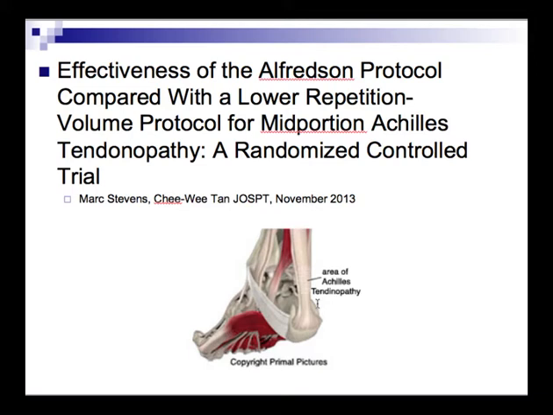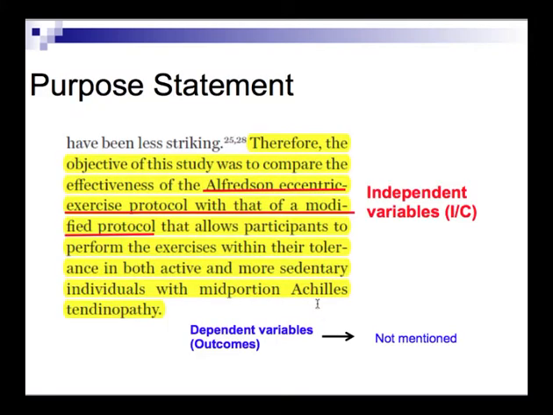So we search online and we find this article, Effectiveness of the Alfredson Protocol, which is specifically an eccentric exercise protocol for people with Achilles tendinopathy. And they're comparing 2 intensities of the protocol in this randomized controlled trial.